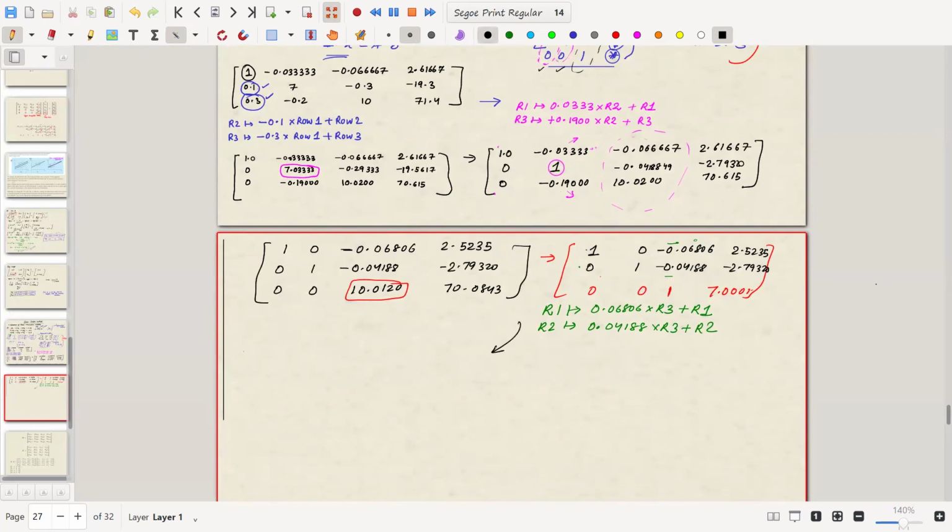This will lead to your solution. Why? Because now you have transformed your matrix to this form, isn't it? And whatever you are getting on the B vector on the right hand side, the column is the solution that we will get as something like this.